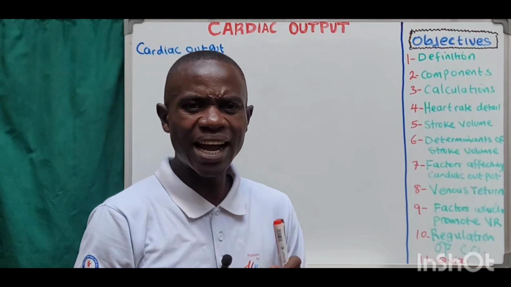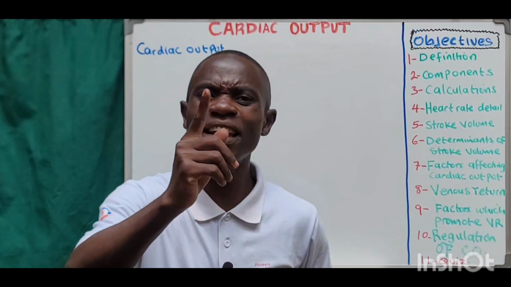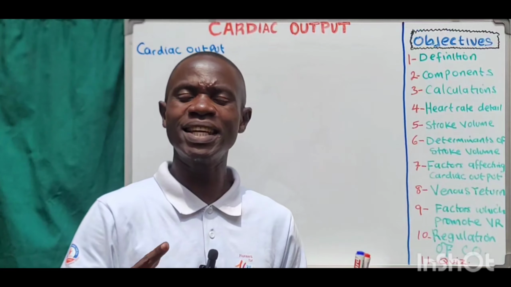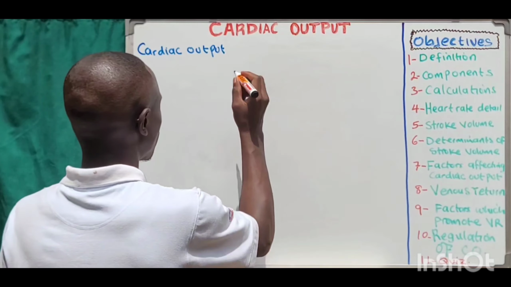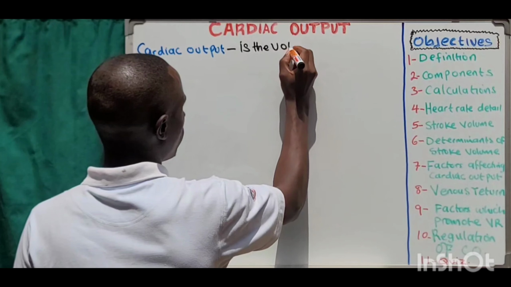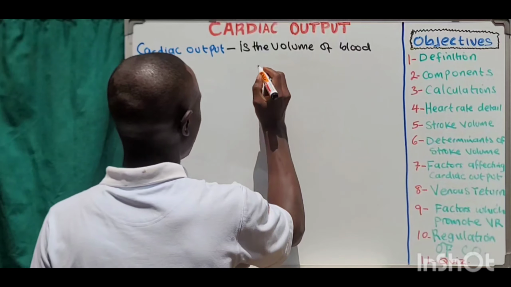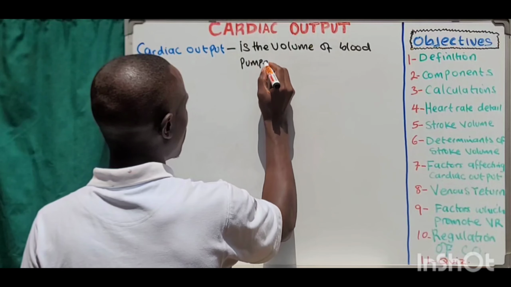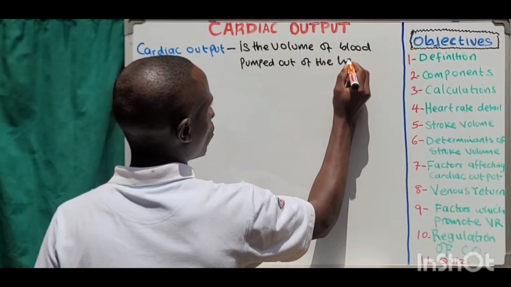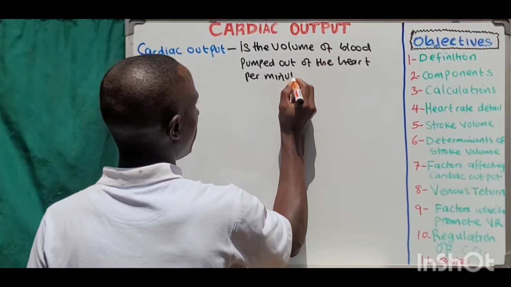Cardiac output is the volume of blood pumped out of the heart every minute that passes. It is the volume of blood ejected off the heart per minute.